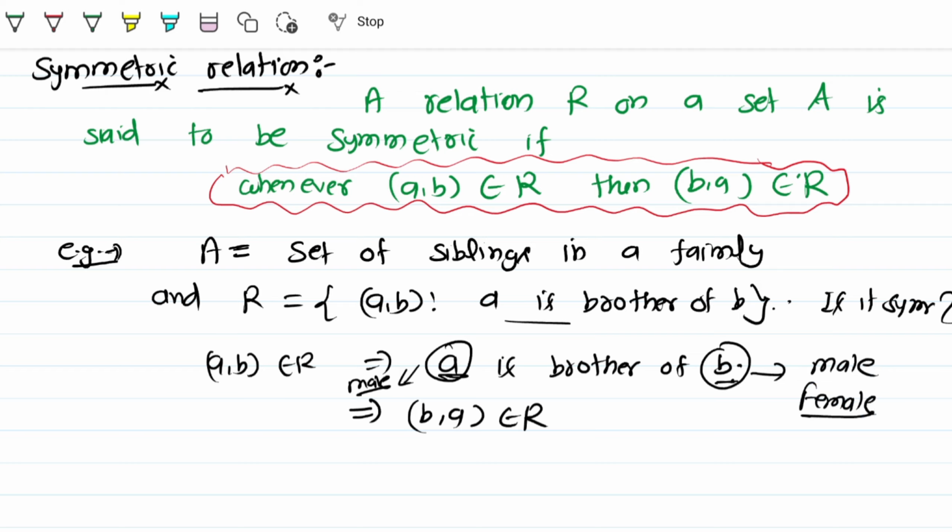In both situations, this condition is fulfilled. So we cannot be 100% sure that BA always belongs to R. It implies that the relation of brotherhood in the same family is not a symmetric relation. So BA need not be in R. Not a symmetric relation.